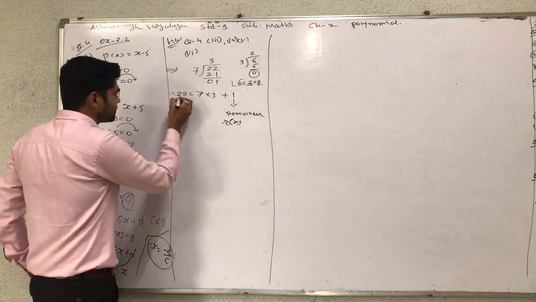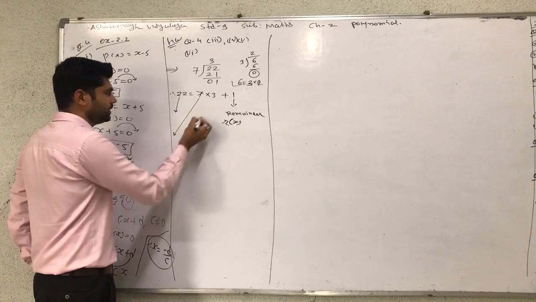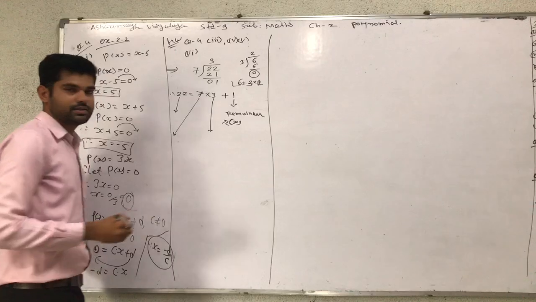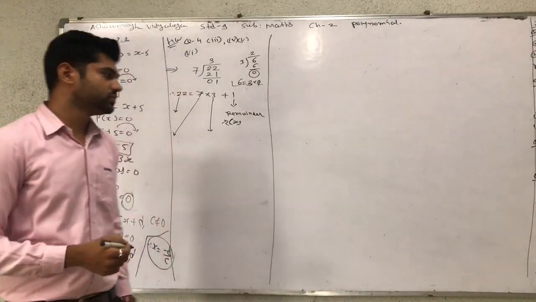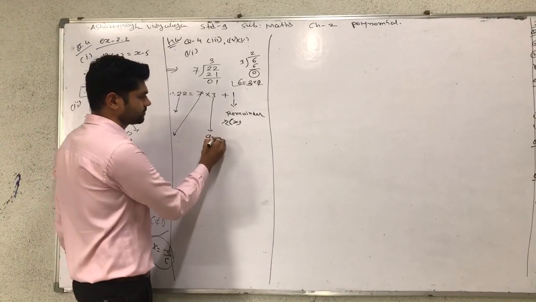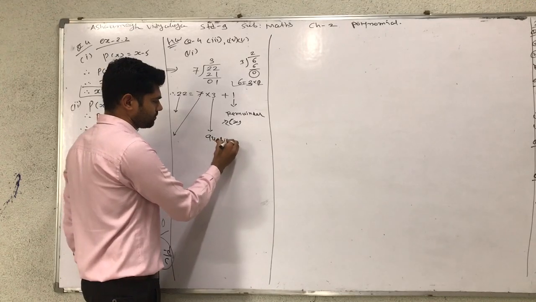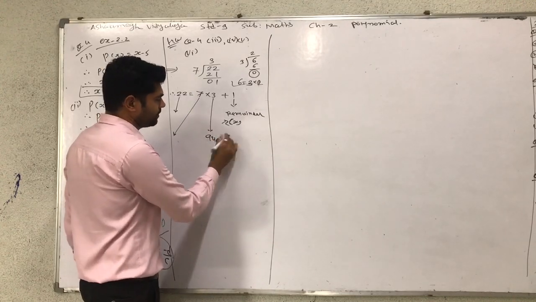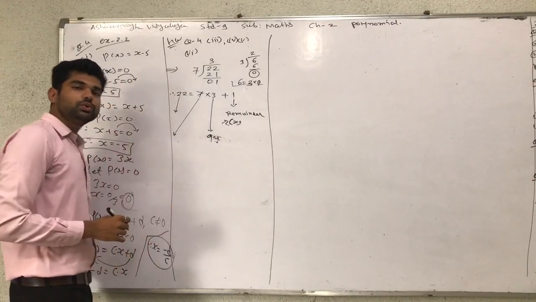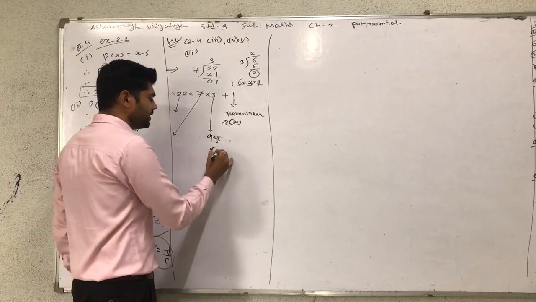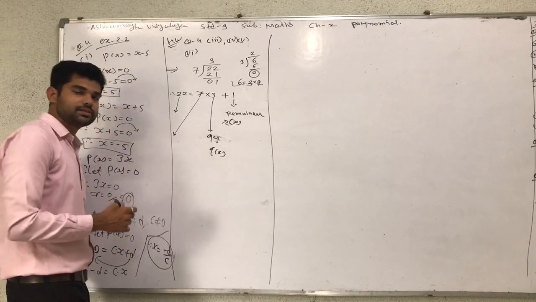Here 3 is our quotient, represented as q of x.